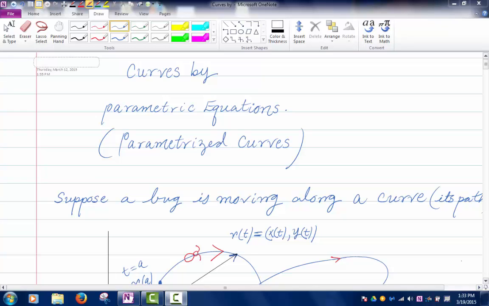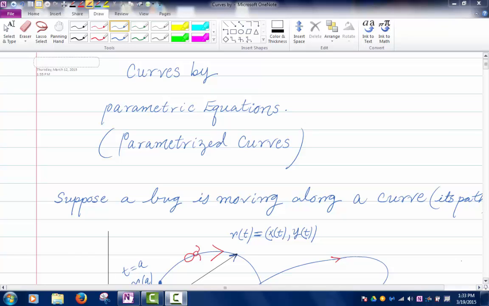And this is the topic that we call parametric curves. If you take Calculus 3 next fall, you will see curves again. You're going to see two-dimensional curves and also three-dimensional curves.